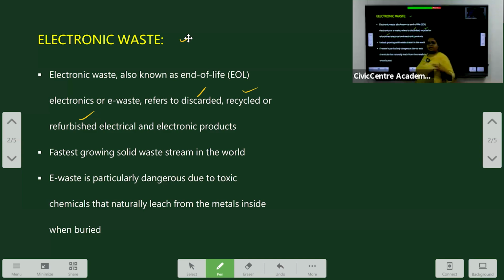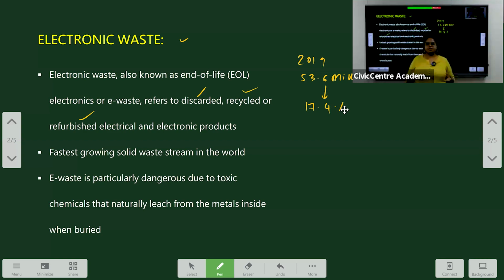Now, e-waste is the fastest growing solid waste in the world. Globally in 2019, around 53.6 million tons of e-waste was produced, out of which only 17.4% is formally recycled.